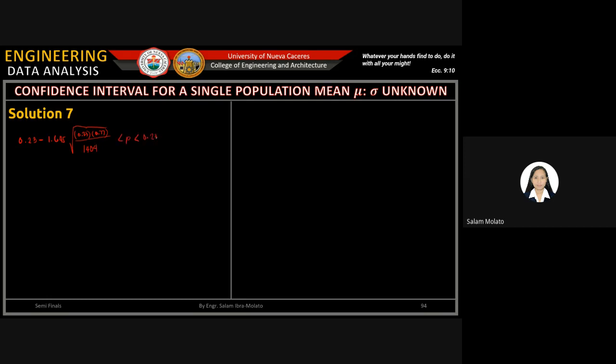Lower limit. Ilan nakuha nyo, guys? Actually, isa sa pinakamadali is the confidence interval.